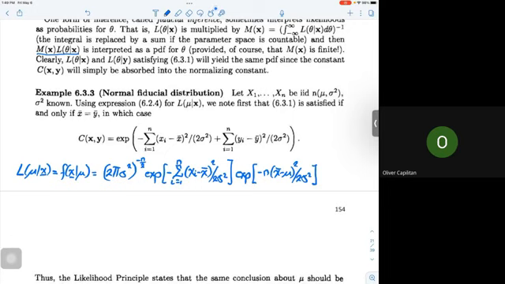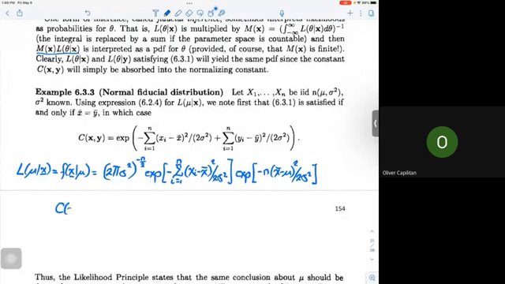So we first note that equation 6.3.1 is satisfied if and only if this sample mean x bar is equal to the sample mean y bar, and in which case, using our 6.3.1, the constant c of x, y is equal to this expression. If we're going to verify that, we have here the c of these two sample points x, y based on our equation 6.3.1 above.